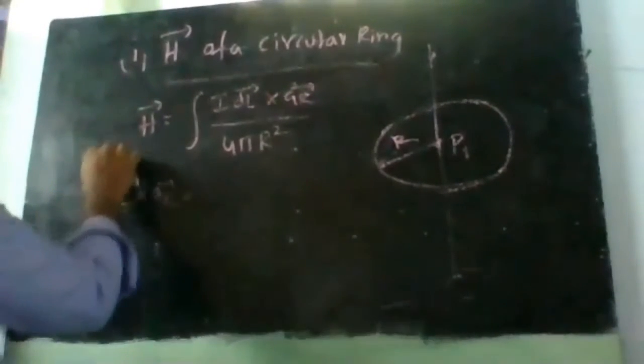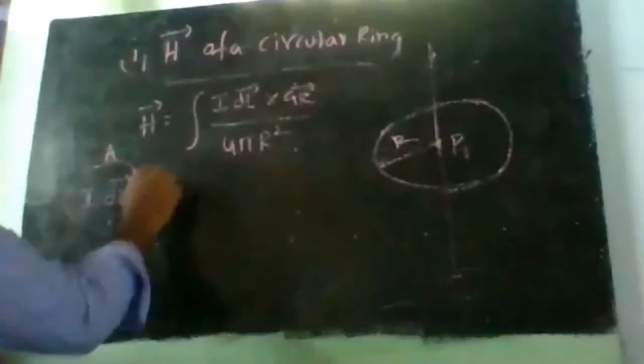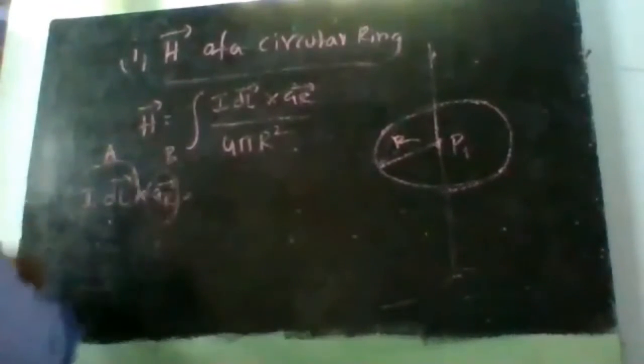So let us evaluate I dL bar cross aR bar. This entire thing can be taken as one vector, and this as another vector.